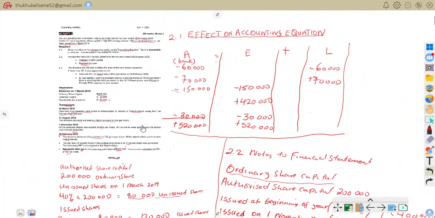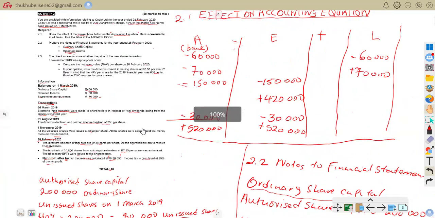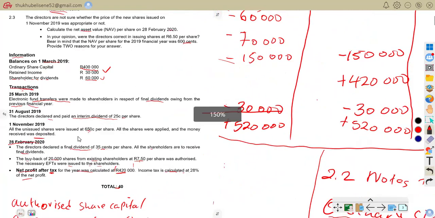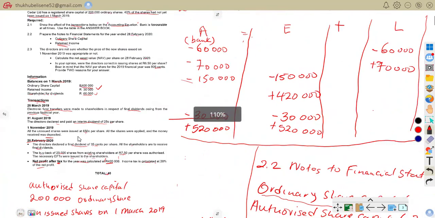So here we are on our retained income. Balance at the beginning of the year. You can see now the balance at the beginning of the year is 30,000.